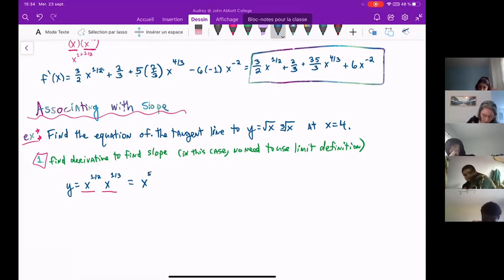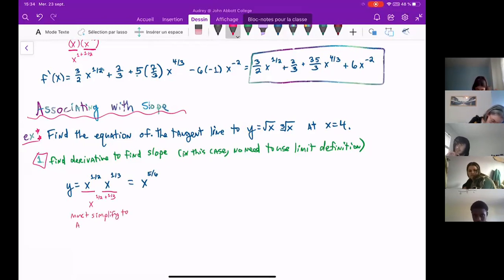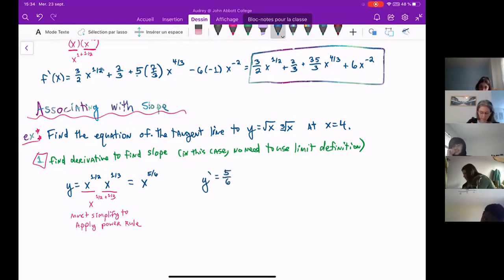You got it, Mikael, 5/6. So this is going to be x to the 1/2 plus 1/3. So we must simplify to apply the power rule. Which means that y prime comes from bringing the 5/6 down and subtracting 1. Are there any questions so far?